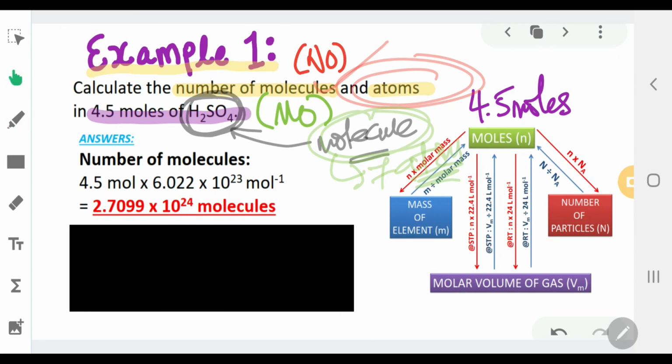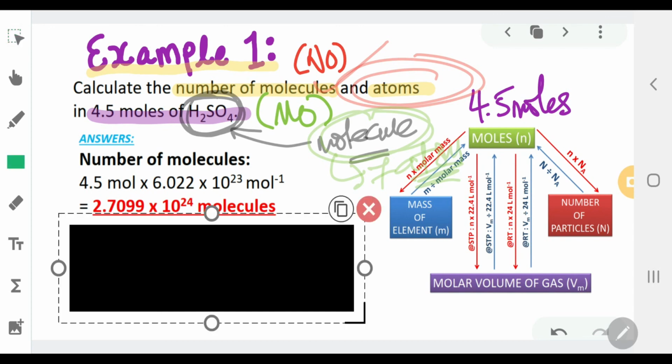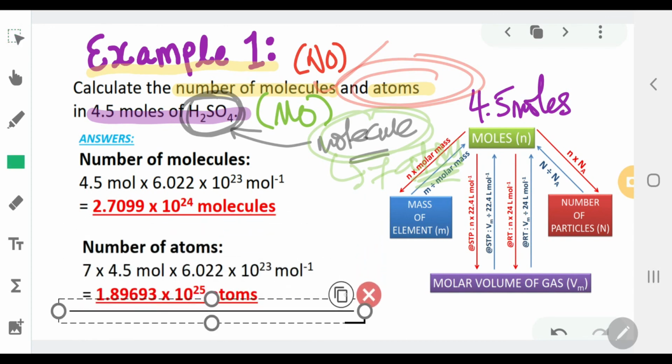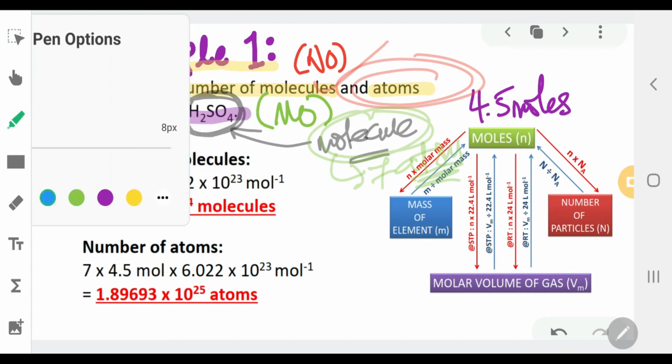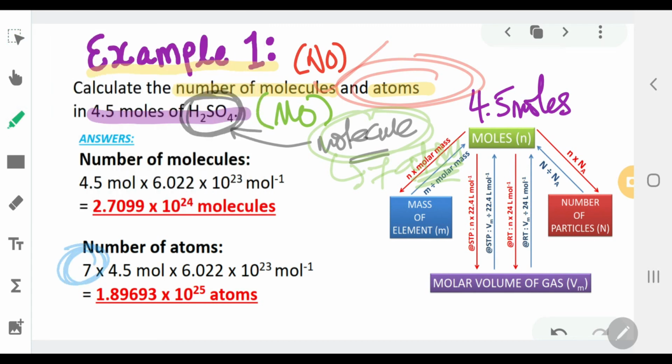Okay, so we're going to take the 7 atoms. You're going to times with the number of molecules, and you'll get this. Okay, so the number 7 over here refers to 7 atoms in one single molecule.